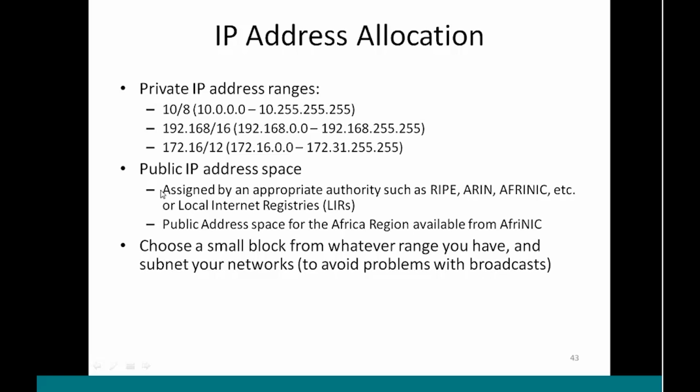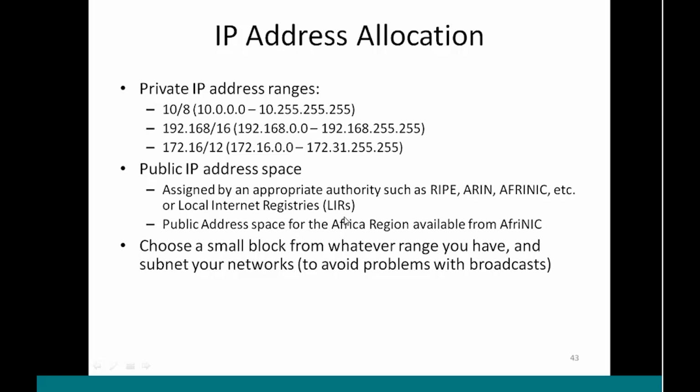But the public address space is, I mean, there are many authorities assigning these numbers. Some of these authorities are RIPE, ARIN, AFRINIC, etc. Or there are local internet registries, also known as LIRs. In the United States, there are several companies which allocate these addresses.